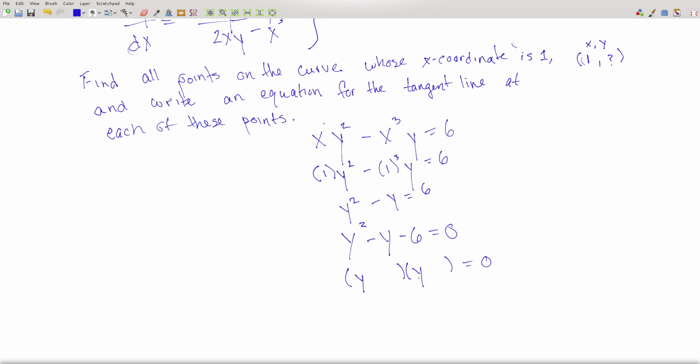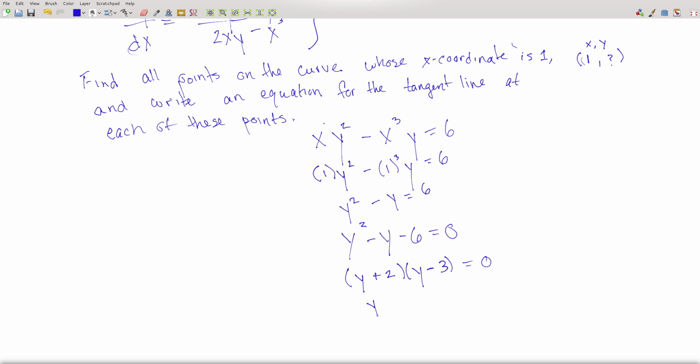Certainly a y and a y. Since this is minus 6, it means y plus and y minus. Can I think of two numbers that multiply to negative 6 and sum to negative 1? I think it'll be y minus 3 and y plus 2. Let's see, 2 times negative 3 is negative 6, and 2 plus negative 3 is negative 1, so that looks good.